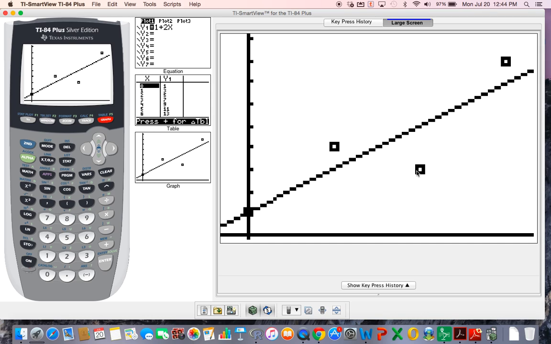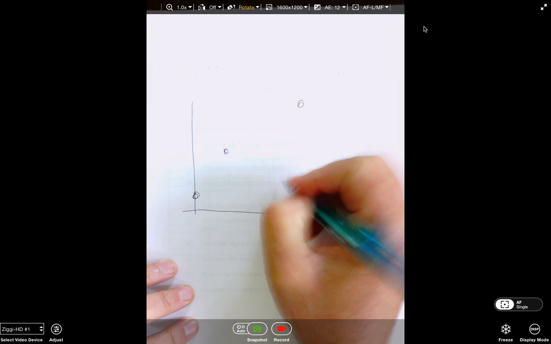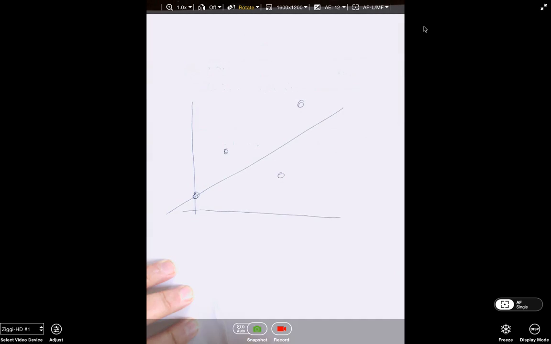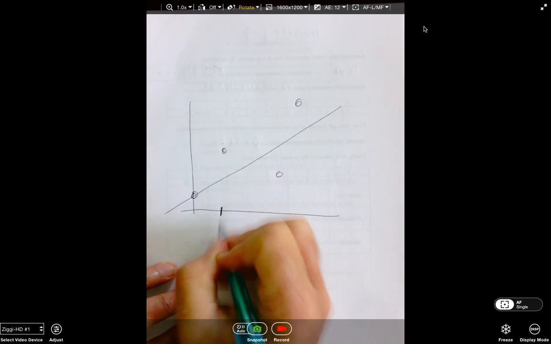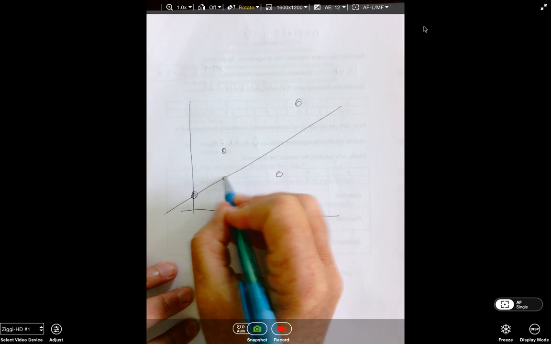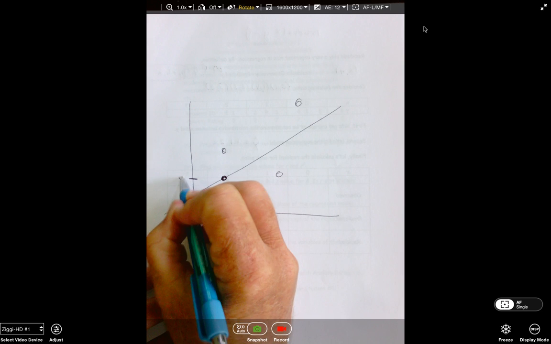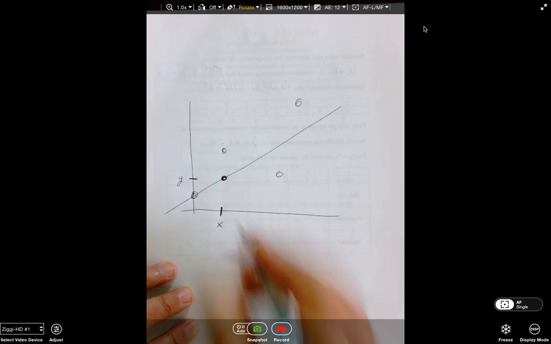So let's go back over to where I can draw, and let's talk about that a little bit. I've got this model that was drawn like this. Now I want to examine this point right here. This point had a particular x and a y value.